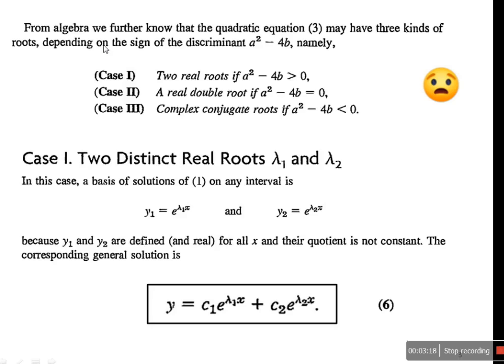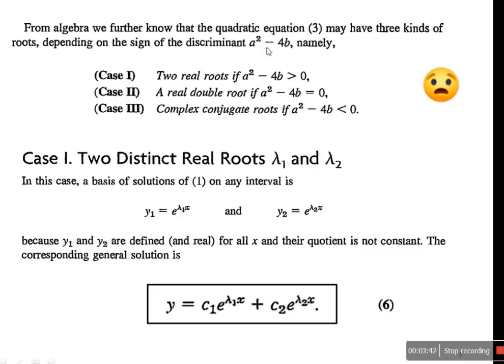Now, we have the value under the square root, a square minus 4b. Actually we have 3 different cases, depending on this value, which we call the discriminant.